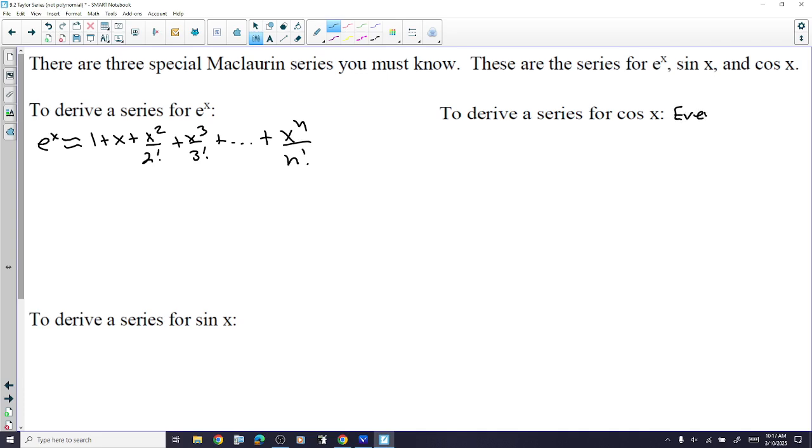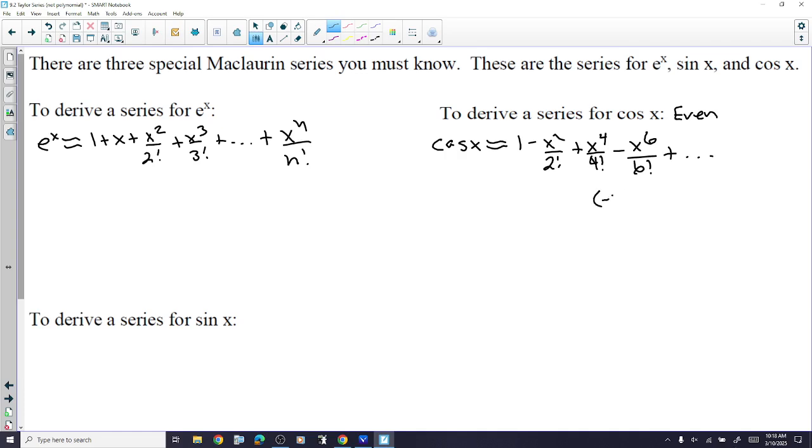Cosine is an even function, symmetric over the y-axis. So this is going to be, oh, not sine, it's cosine. Cosine of x is even: 1 minus x squared over 2 factorial, plus x to the 4th over 4 factorial, minus x to the 6th over 6 factorial.